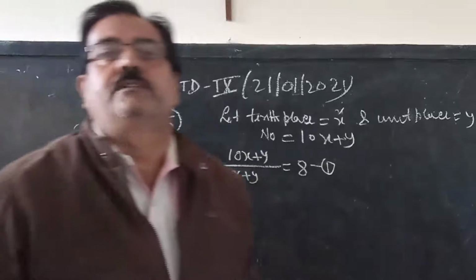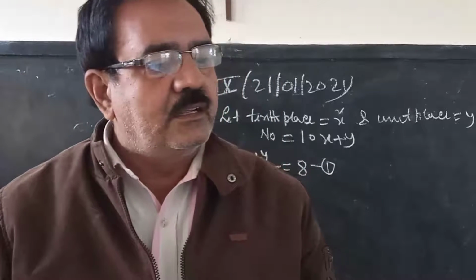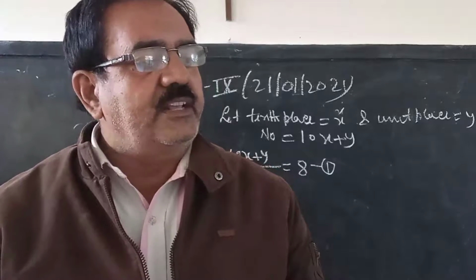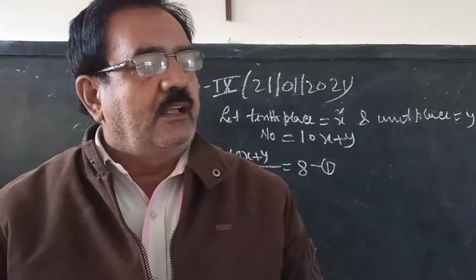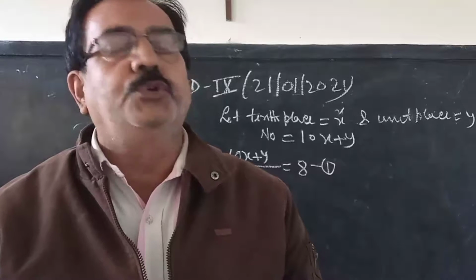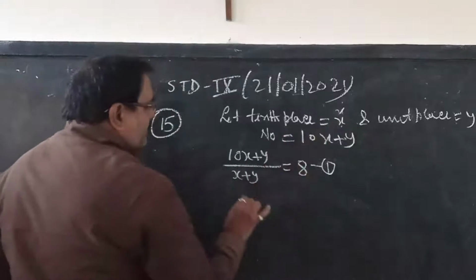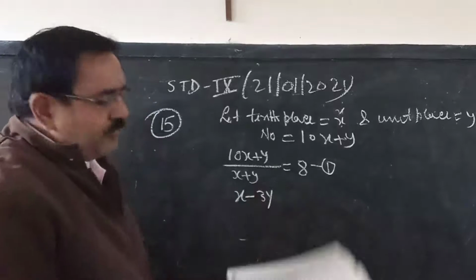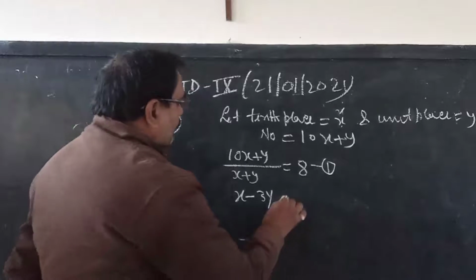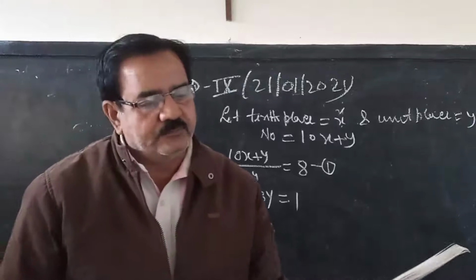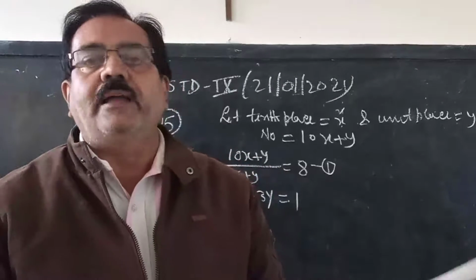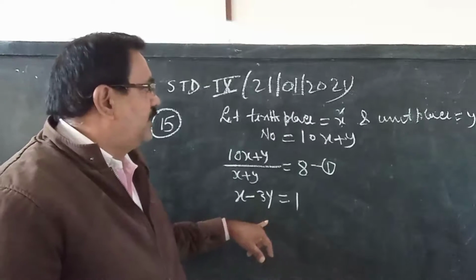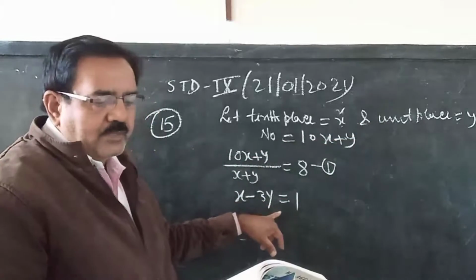This we will get as one equation. Right. Second, if the tenth digit is diminished by 3 times the unit digit, the remainder is 1. If the tenth digit, which is x, is diminished, means minus, by 3 times the unit digit, y, 3 times means 3y, the remainder is 1.